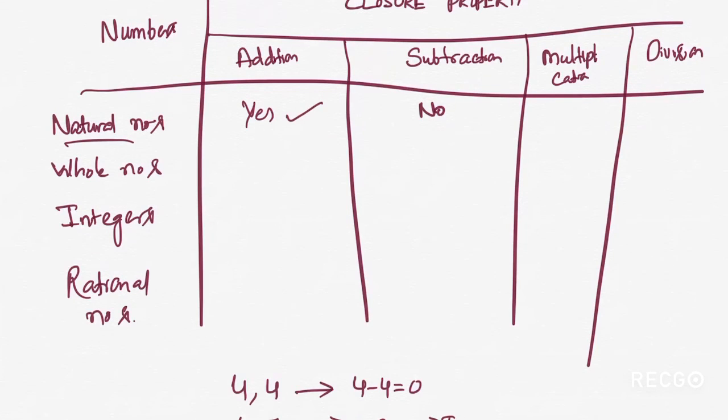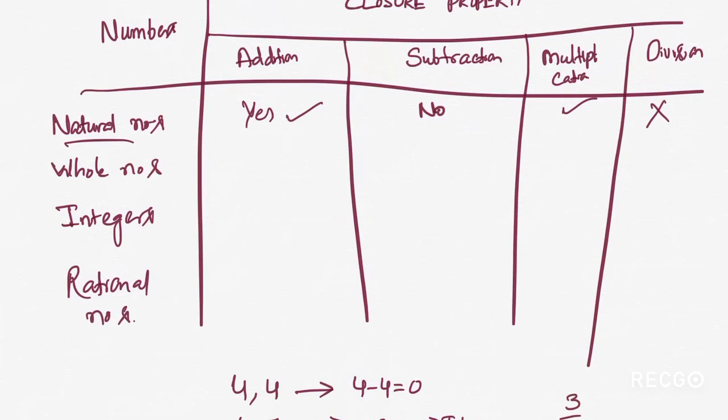It is an integer. Therefore, in natural numbers, the subtraction operation was not satisfied under closure property. In multiplication, yes. In division, it is again no.